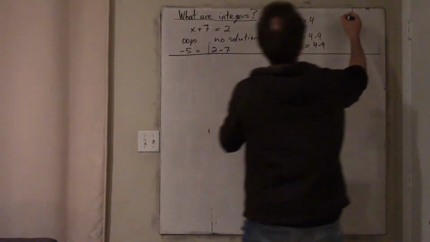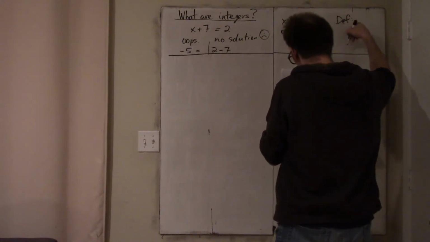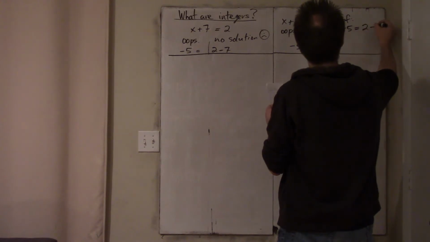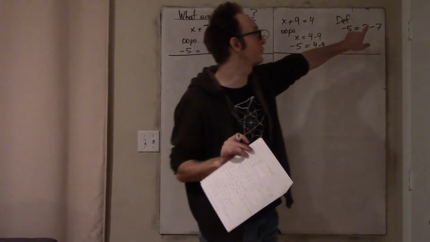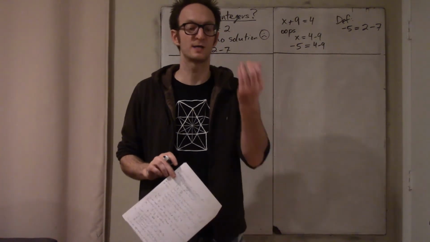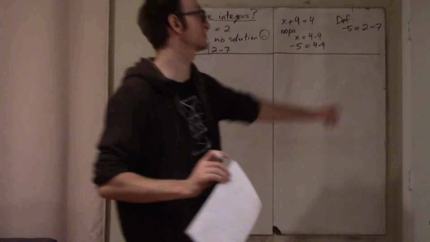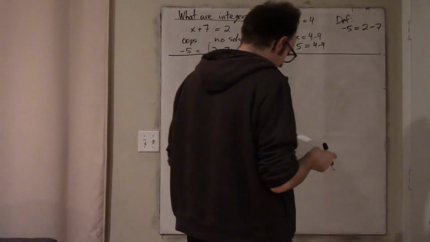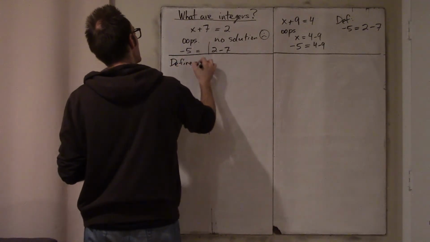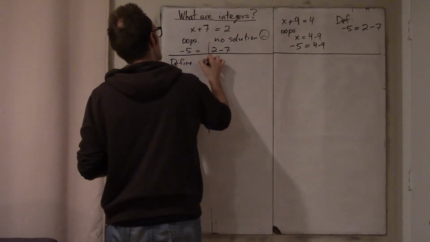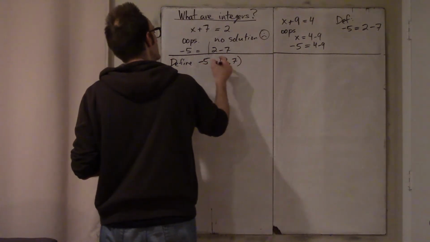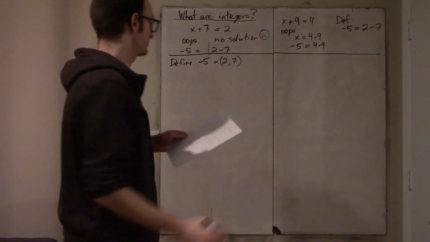You want to define -5 to be 2 minus 7, but there's no such thing as 2 minus 7, because we are assuming as our background theory only the addition or multiplication of natural numbers. And so what we do is we define -5 to be the ordered pair 2 comma 7, where these numbers are natural numbers. This is what's lurking in the background.